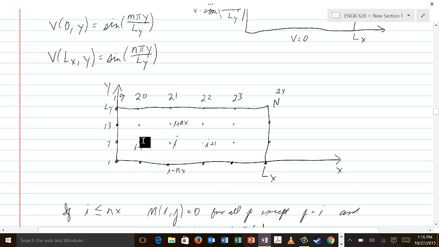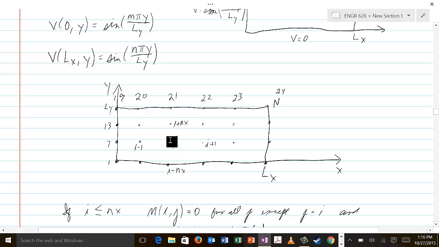And then 7, 8, 9, 10, 11, 12, 13, 14, and so on. Now, before we go any further, as you probably already imagined, you're going to want to write your code so that Lx and Ly can be chosen arbitrarily, and likewise so that Nx and Ny can be chosen arbitrarily. So just keep that in mind.